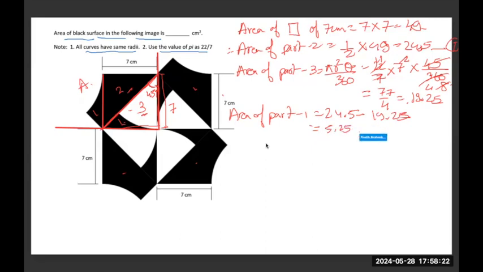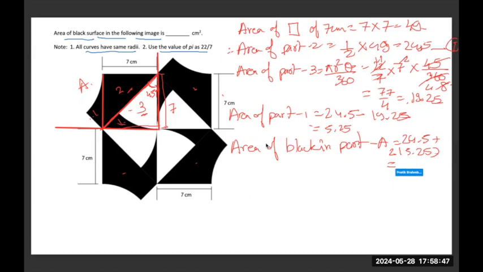I found all the parts that are required to find the area of part A. So area of black in part A will be equal to part 2, which is 24.5, plus 2 of part 1, since it happens 2 times. So 2 into 5.25. When you solve this, this will come to about 35.